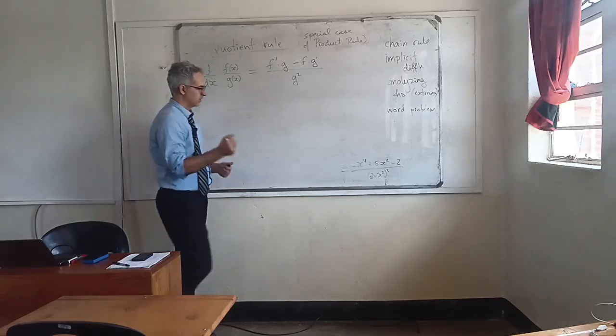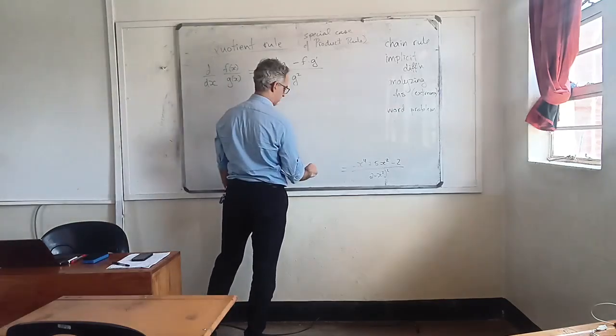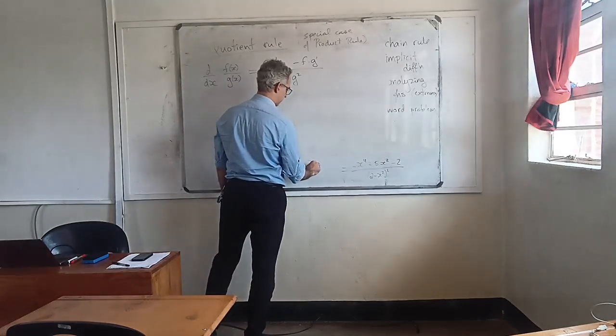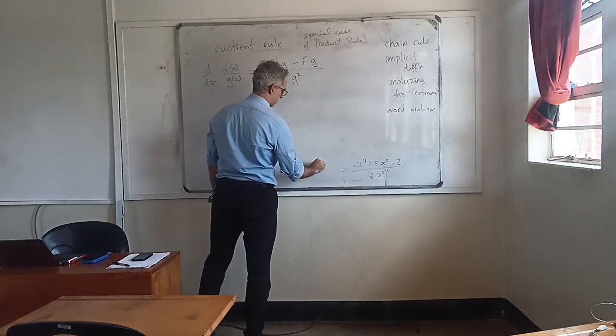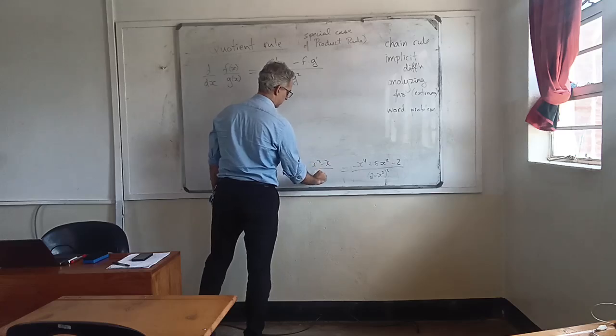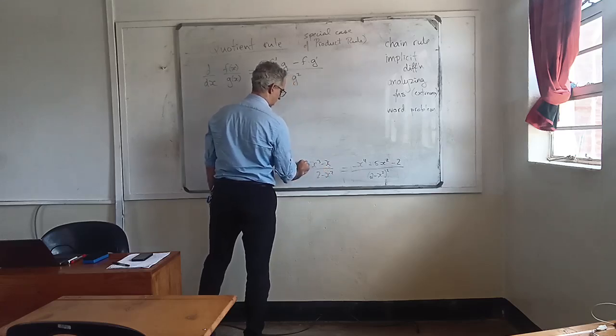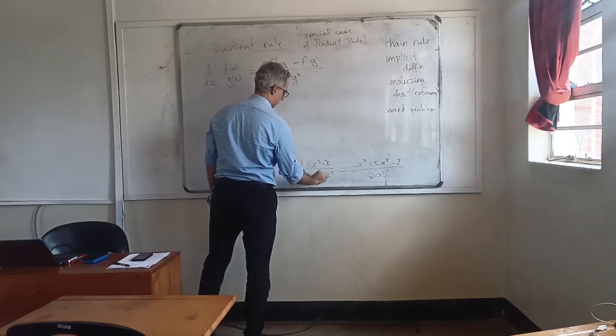So this was the derivative of x cubed minus x divided by 2 minus x squared, d by dx of that.